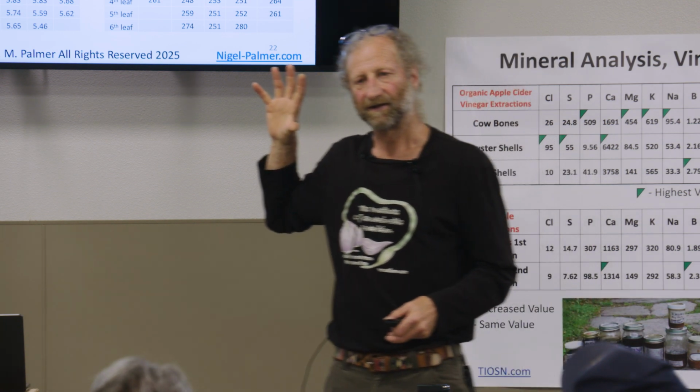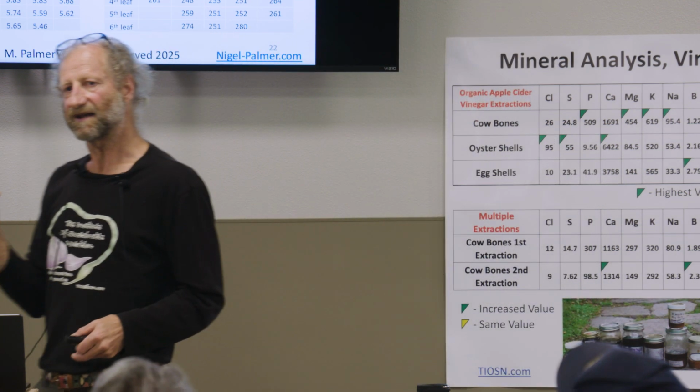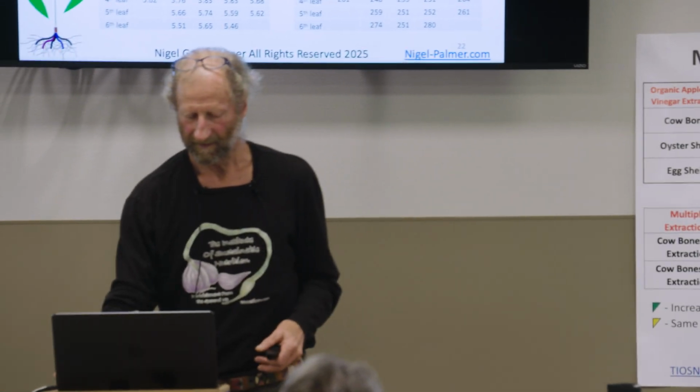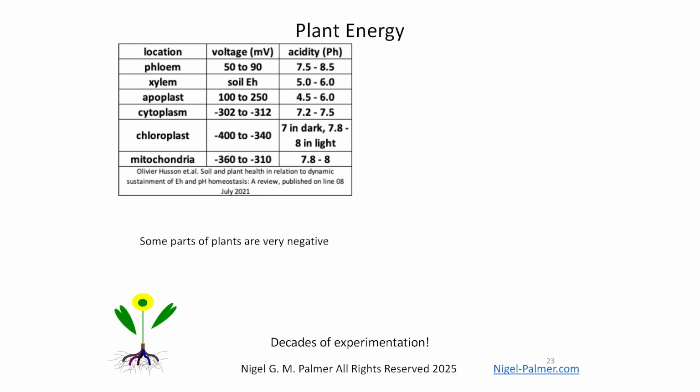In fact, the most negative part of a plant is the chloroplast at minus 400. These are different parts of a plant. The xylem and the phloem, those are the sap flows of the plant. And the apoplast, cytoplast, chloroplast, and mitochondria, these are all cellular structures of a plant.